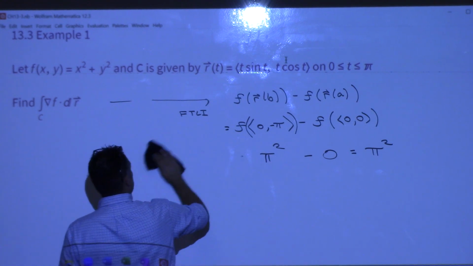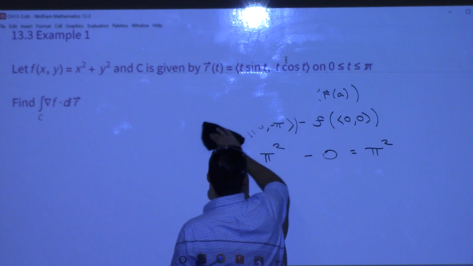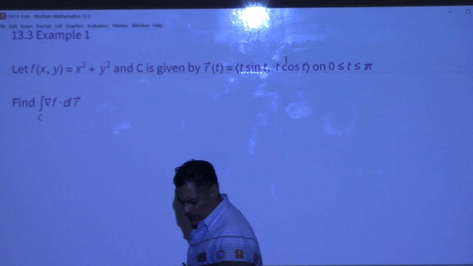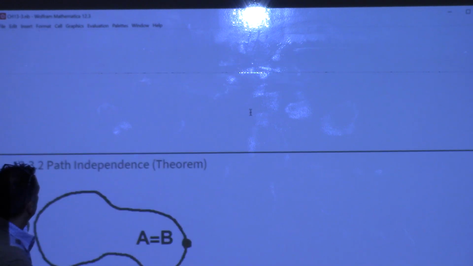If we're trying to compute this line integral along some curve over some vector field, if that vector field's conservative, all we need to do is evaluate the scalar function at the two endpoints.